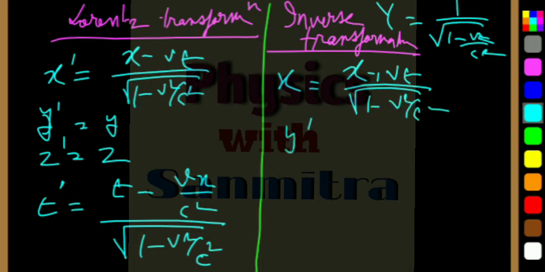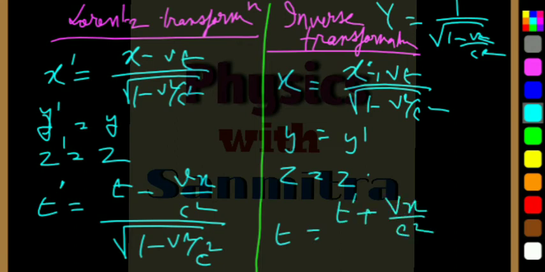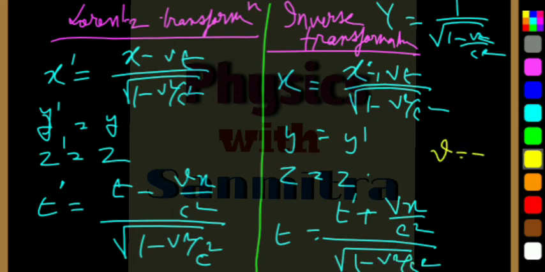Y will be y dash. Z will be z dash, and t will be t dash plus vx dash by c squared divided by root over of 1 minus v squared by c squared. What we are doing is just replacing v by minus v. That's it.